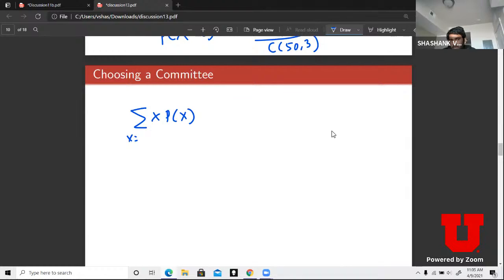Where x varies from 1, 2, and 3. So that would be 1 times p of 1 plus 2 times p of 2, where p of 2 is p of x equals 2 in this case for each of the probabilities, and p of 3.